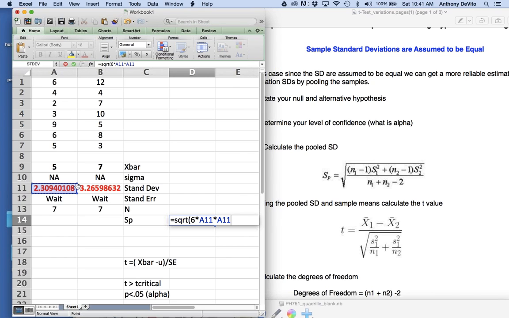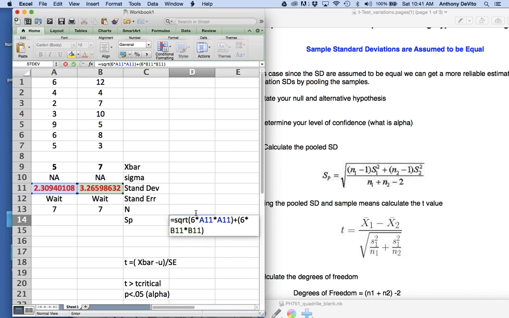I'm going to put that into parentheses, and I'm going to add that to, do the same thing with the second group, and that's also 6 times our second standard deviation squared. I put that into parentheses.